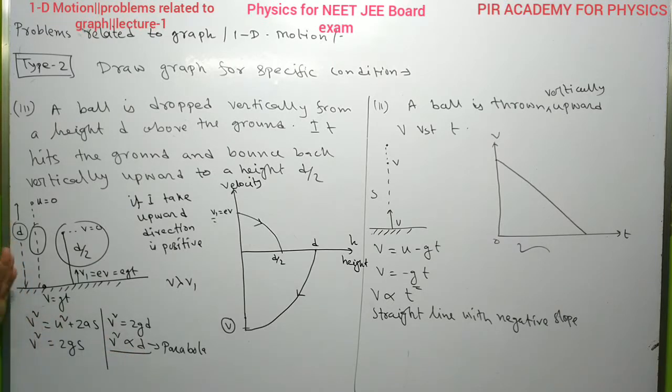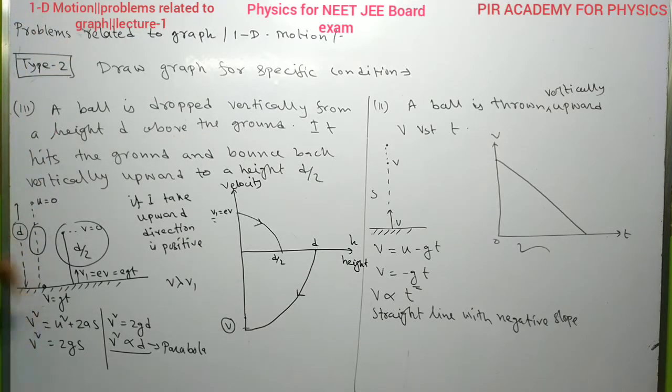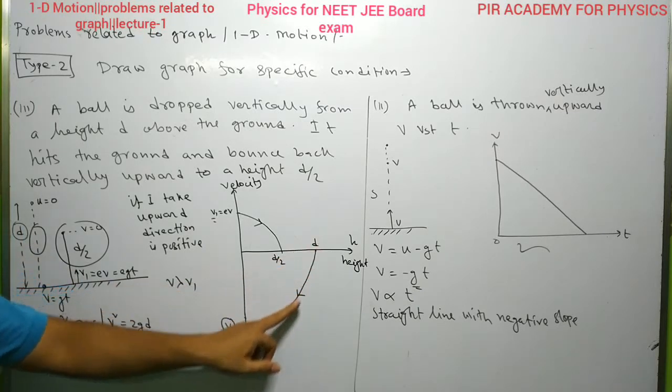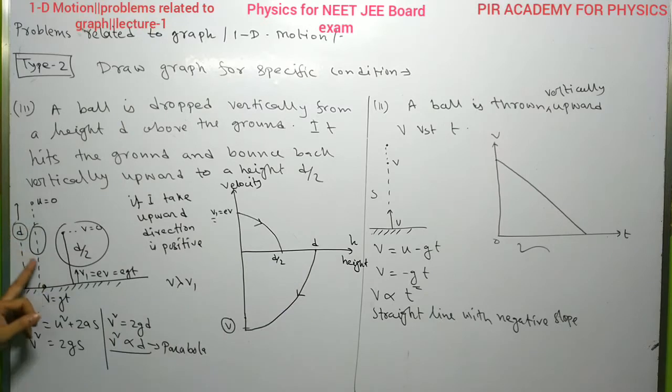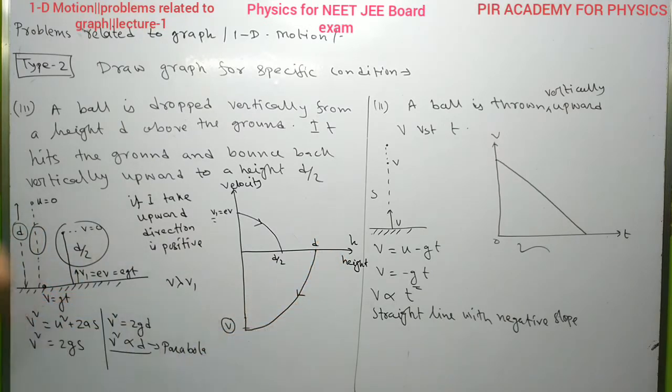If I take the velocity in this direction as positive, then in this direction it is negative. So in this condition, the velocity-height graph looks like this.